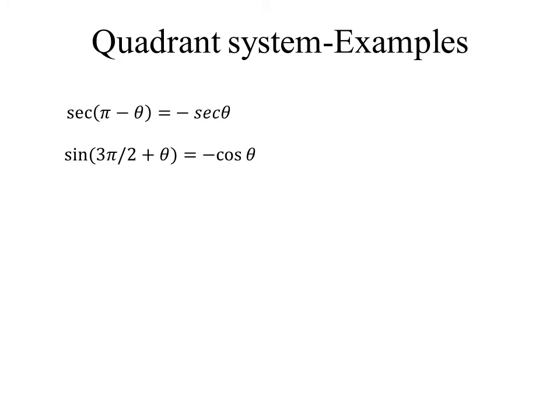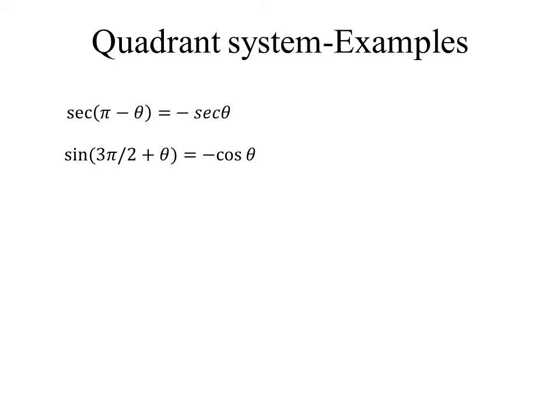Then next one, sine of 3 pi by 2 plus theta. Here it's in the form of multiple of 3 pi by 2, or multiple of pi by 2. If we write in multiples of pi by 2, sine changes to cos, and 3 pi by 2 plus theta is in the fourth quadrant. In the fourth quadrant, cos and sec are positive.